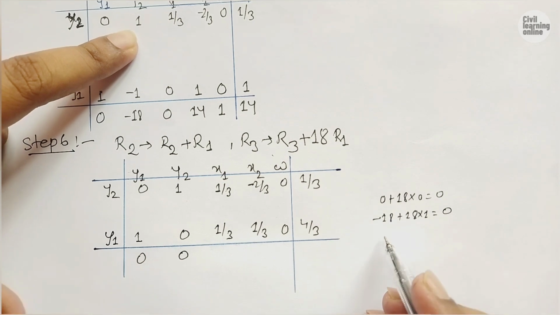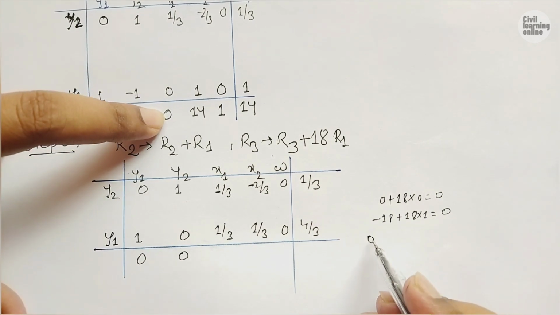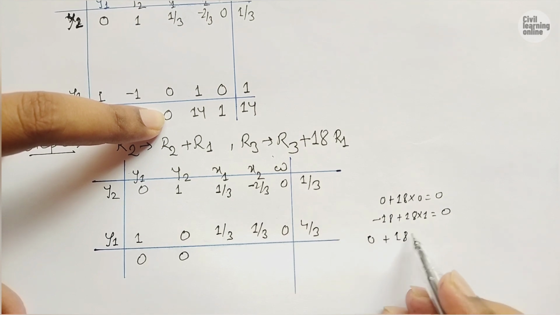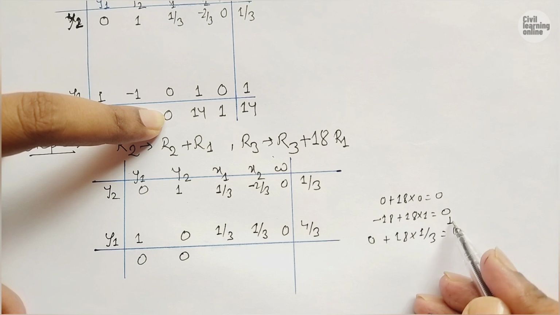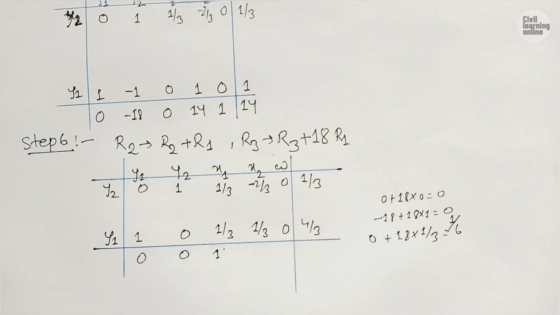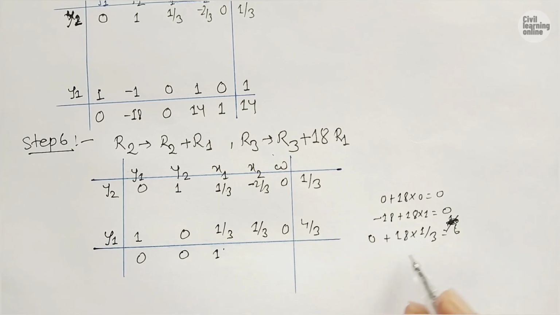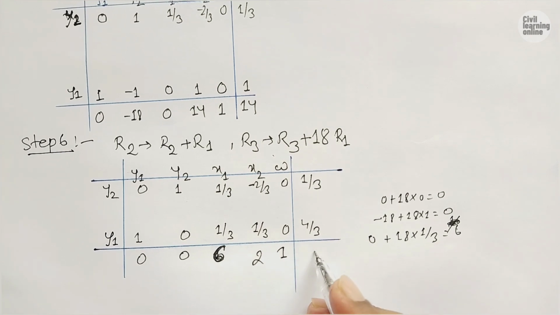Similarly R3 is again 0 plus 18 times 1 by 3, 18 times 1 by 3 we will get 6, so here we will have 6. Similarly we will get 2, 1 and 20.